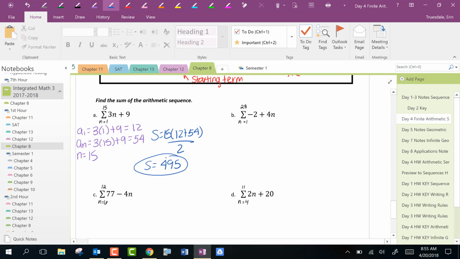Okay, why don't you guys try part B? So write out A1, AN, and N, and see if you can find all those pieces.